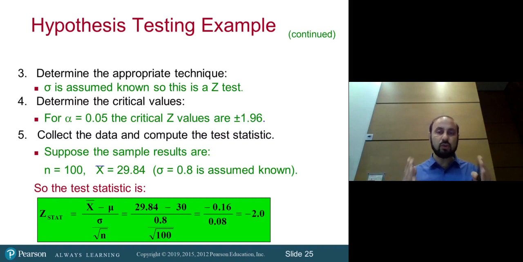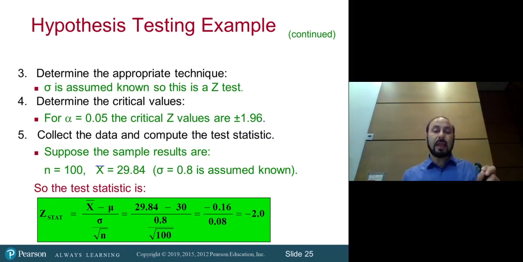The technique that we are going to use is the z-test. Number 4, determine the critical values. From the given table at the 0.05 alpha value, you can find the standard predetermined value for z, which is plus or minus 1.96. As I said, it is predetermined, so you can find it in the table.